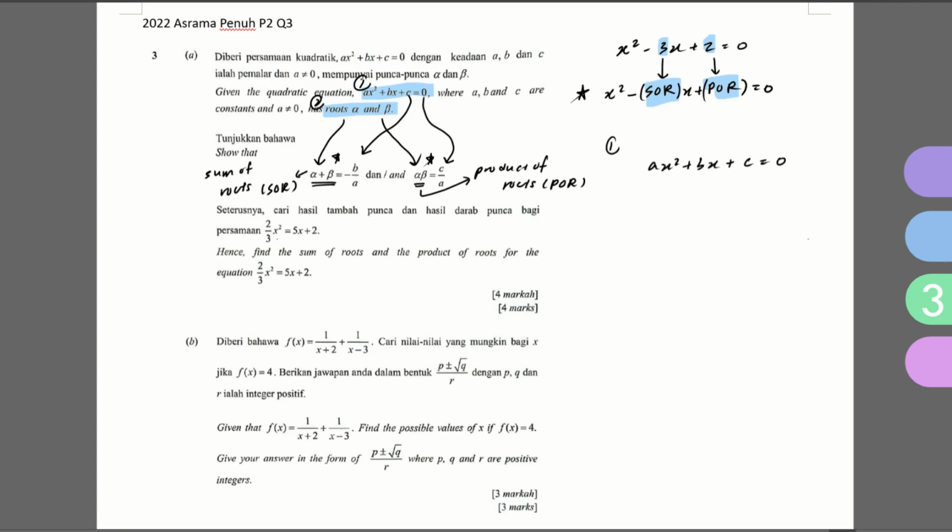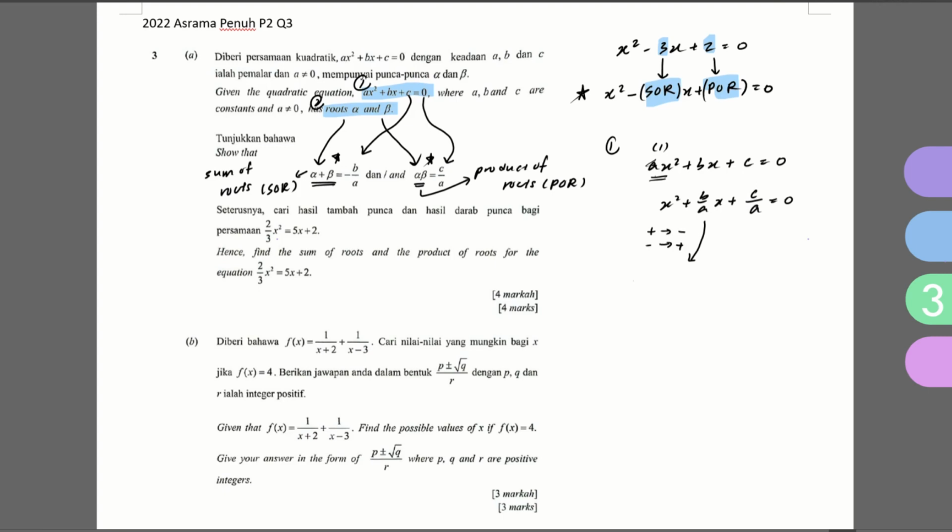For the first information, before we find the SOR and POR, make sure the coefficient of x squared is 1. So we need to divide the whole equation by a. Now to find our SOR, we can just take this value. But please remember this, when pulling out the SOR, we need to transform positive values to negative, negative values to positive.